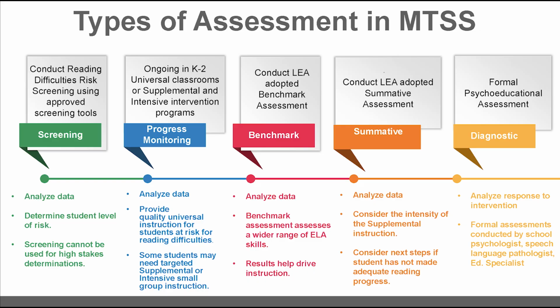Then as you go through your school year, you do your benchmark assessments, which are different than the RDRS. The RDRS, the screener that you've adopted in your school district, doesn't mean you do it in the fall, in the spring, and so on. You don't do it three times a year. You do the screener, and then you do your benchmark assessments throughout the school year, because you get more information and you can see how the student is progressing overall in their literacy skills.